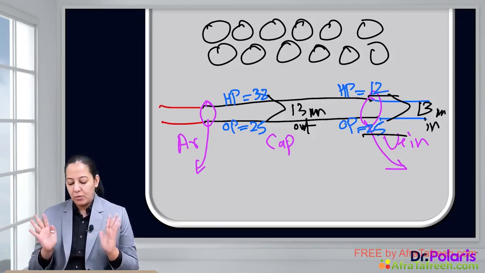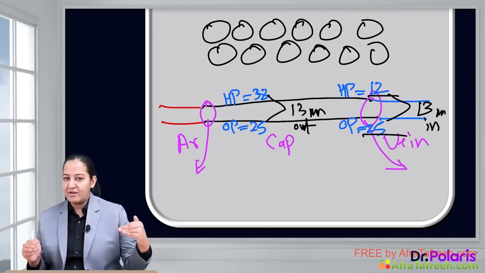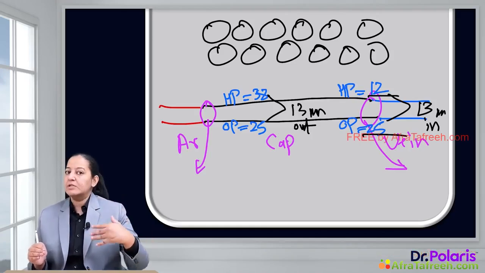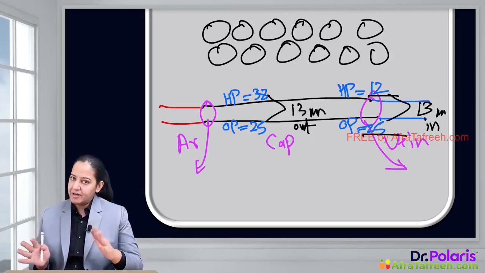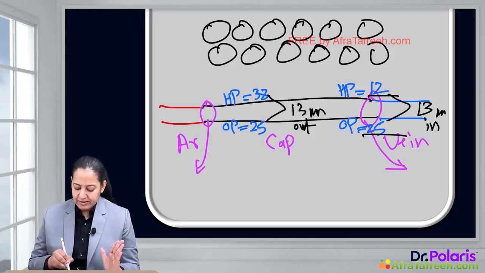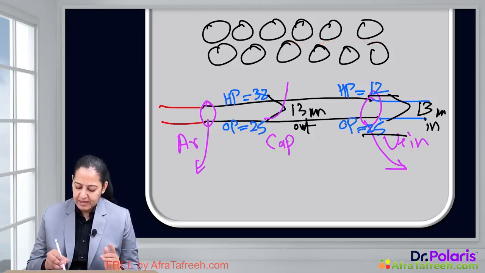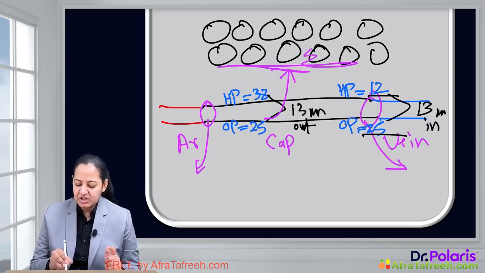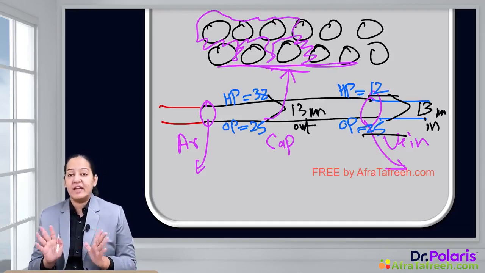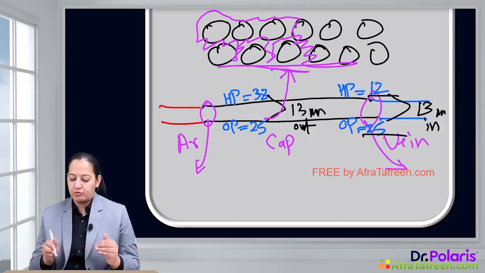You got my point? So what is actually happening when blood is entering a capillary? At the arterial end of the capillary, the net pressure is 13 mm outward. So fluid comes out because the net pressure is outward. The fluid is coming out and getting accumulated in the interstitial space between the cells, by 13 mm of pressure, which is the net outward pressure.